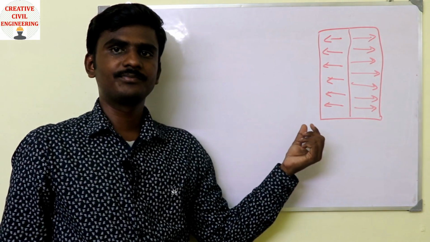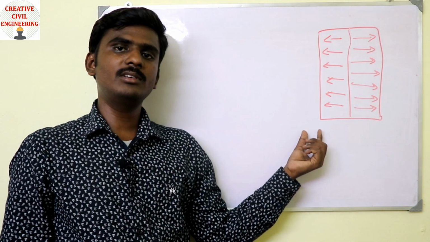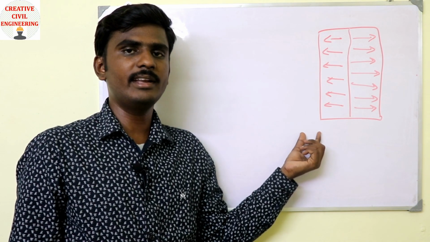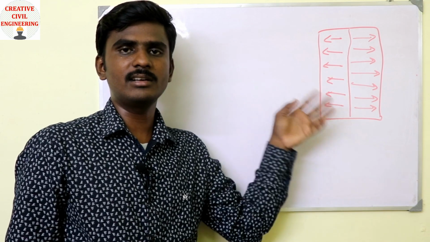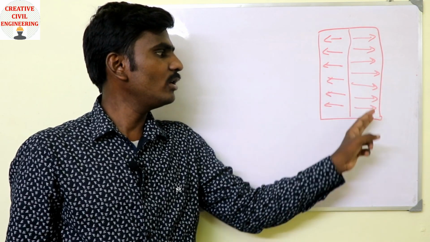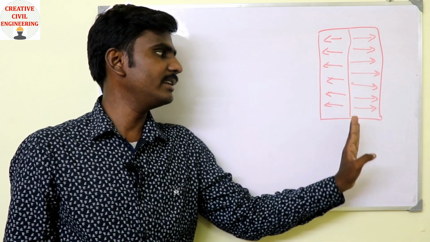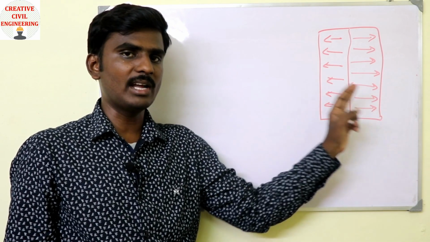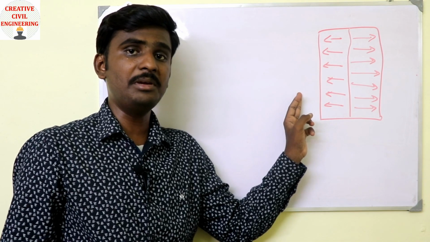So for one-way slab, the load is taken from the two sides only. I already said the load is distributed in a single direction, that is the shorter span direction. So the entire load from this slab, we can separate the entire slab into two portions. One portion will be taken by this beam, another portion will be taken by this beam or wall.